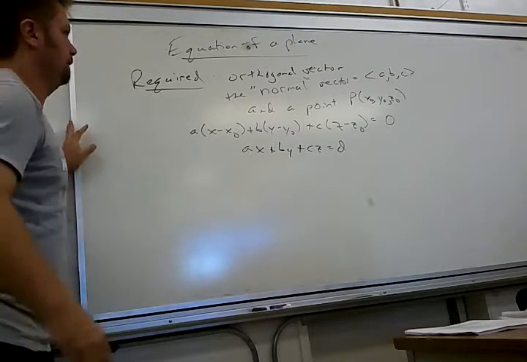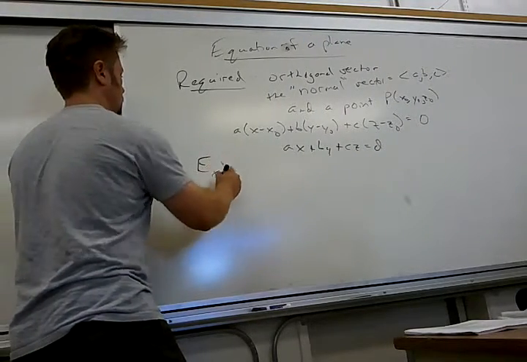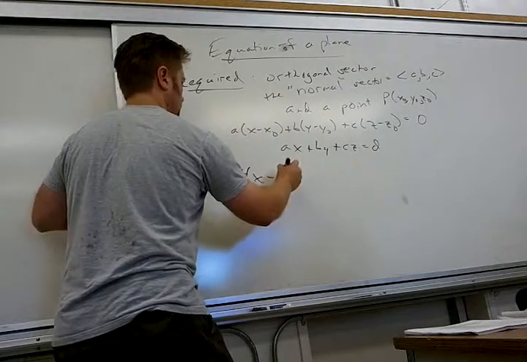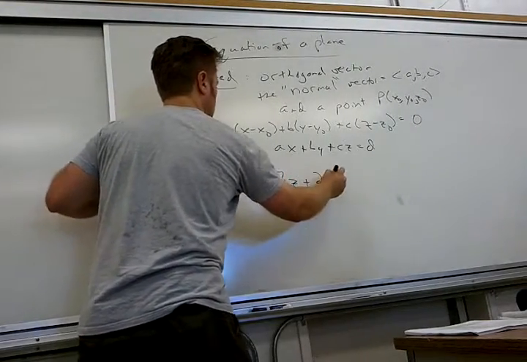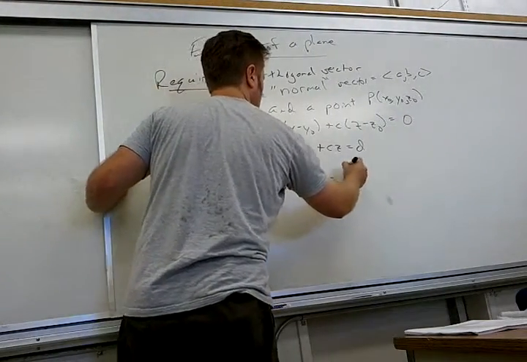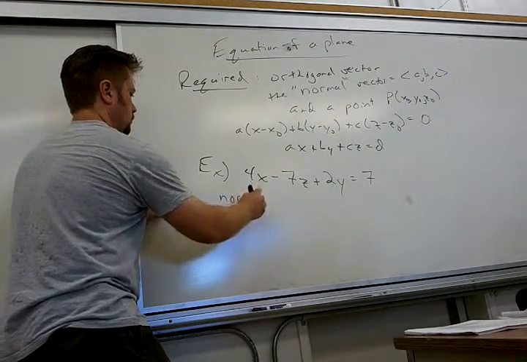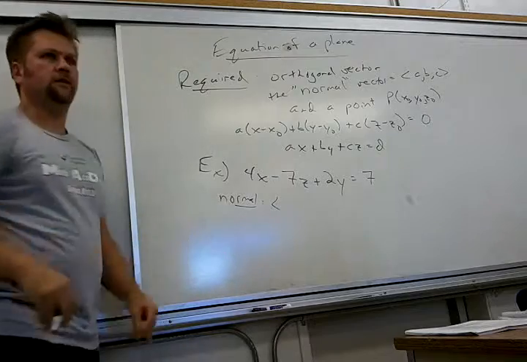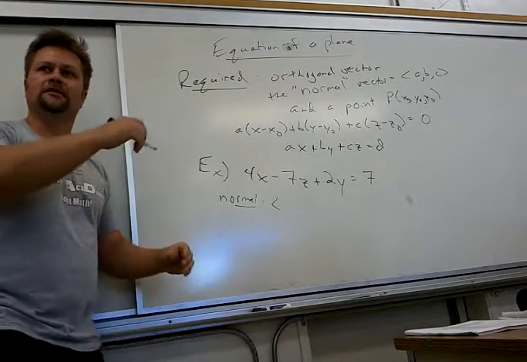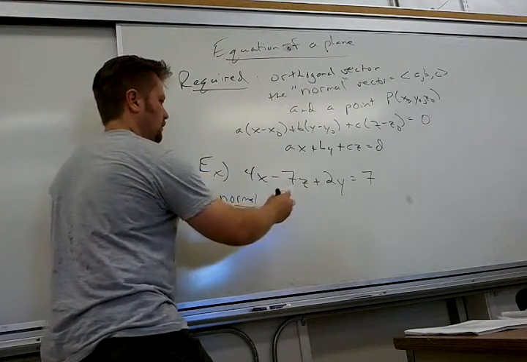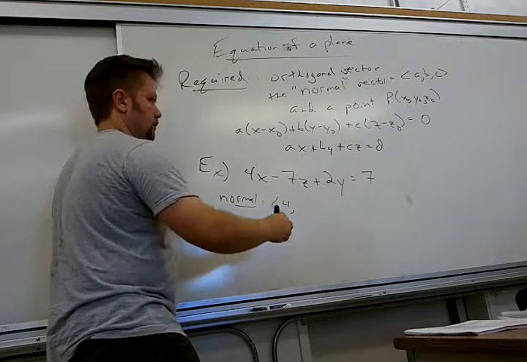So, can somebody tell me, for this plane here, what's the normal vector? 4, 7, 2. Of course, I'm evil. That's not right. The normal vector is 4, -7, 2.